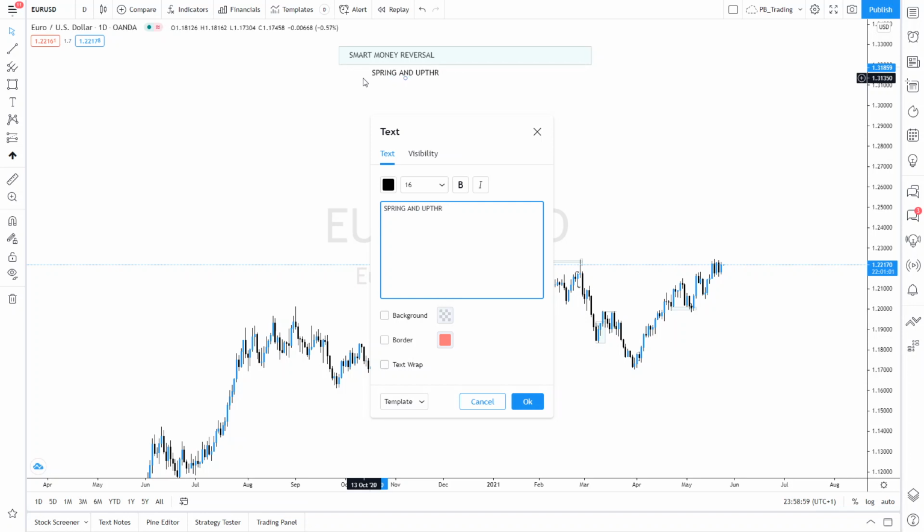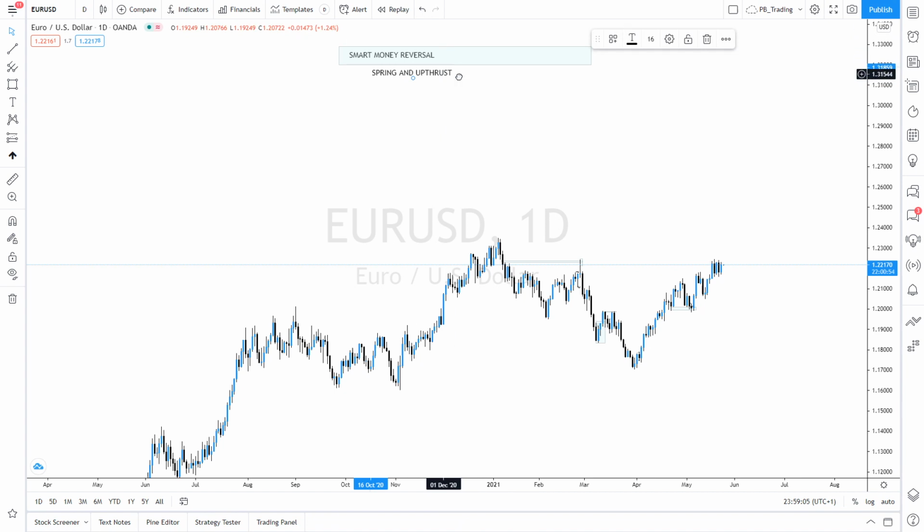Now let's explain what the principle of spring and upthrust is, before we get into the use of it in smart money reversal.